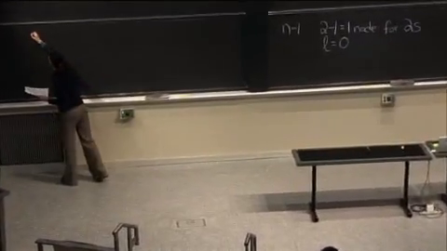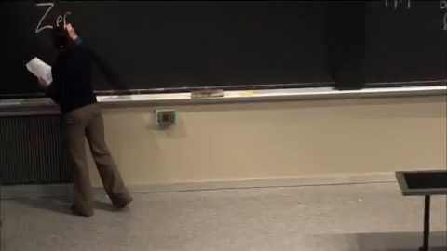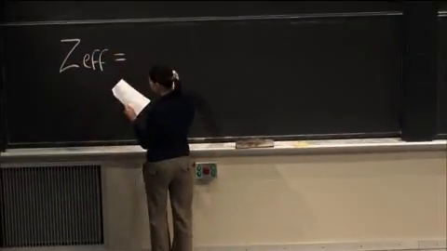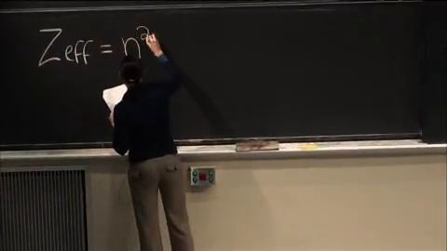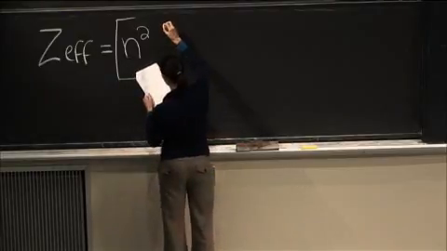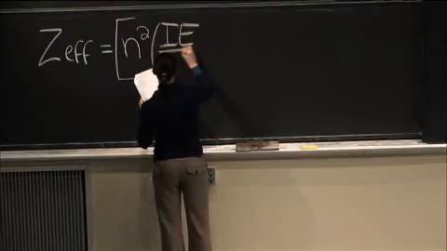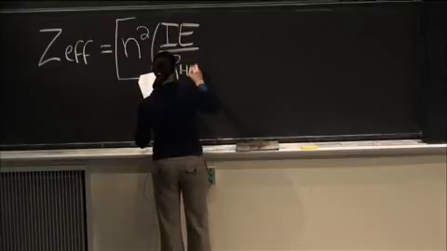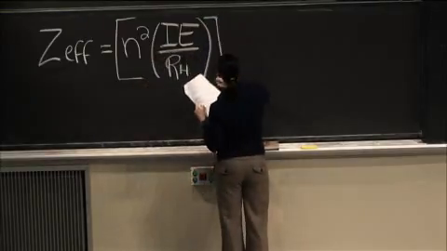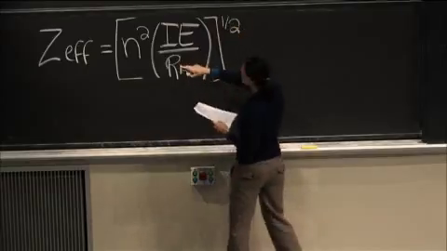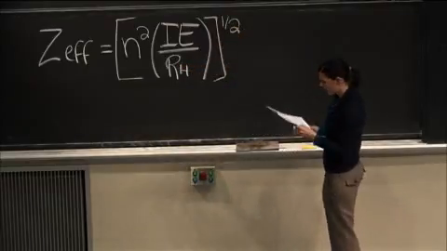If we rearrange this equation, Z effective is equal to the square root of N squared times the ionization energy over the Rydberg constant, so the square root of N squared IE over RH.